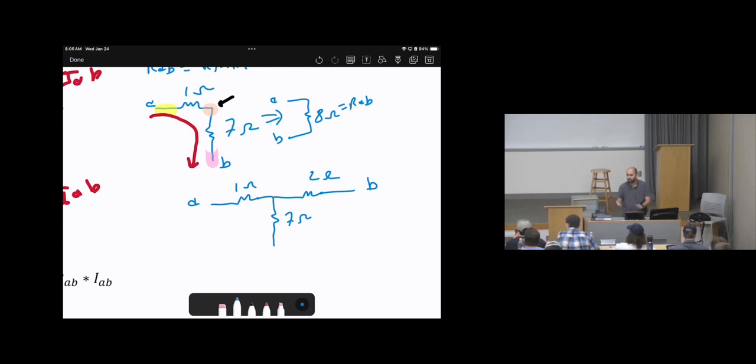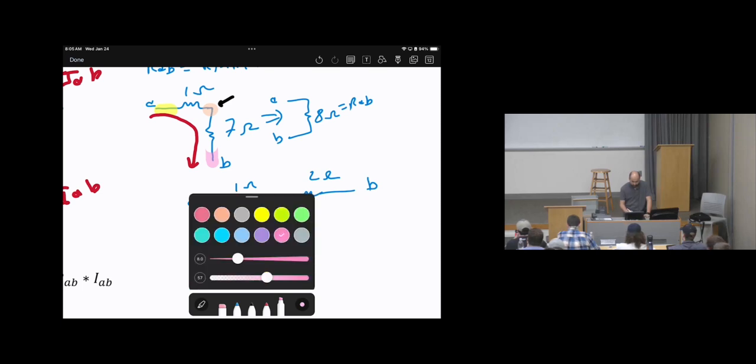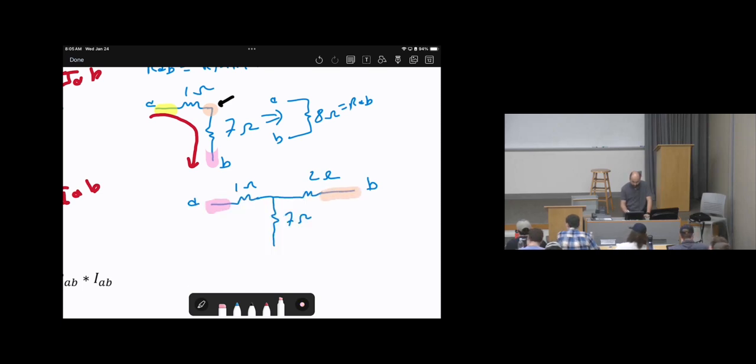Let's not talk about parallel, let's talk about series. Are those in series, 1 ohm and 2 ohms? Let's try to label the nodes. This is node pink, this is orange, this is purple. So look at 1 ohm and 2 ohms. They are common in the purple node, right? So does this mean those are in series?